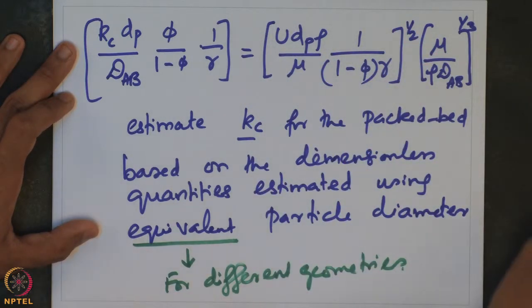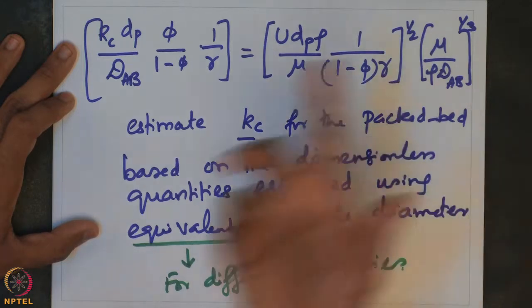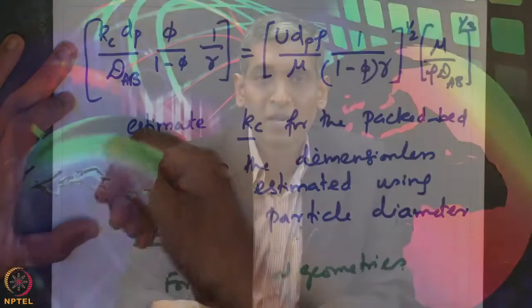So, by changing the superficial velocity, one can achieve a higher mass transport coefficient by increasing the superficial velocity. Of course, one cannot increase it significantly; it depends upon the nature of the setup that is being used. There may be an upper limit on how much the superficial velocity can be increased.